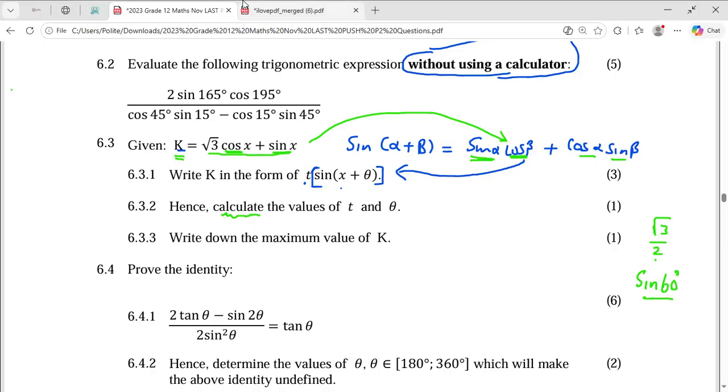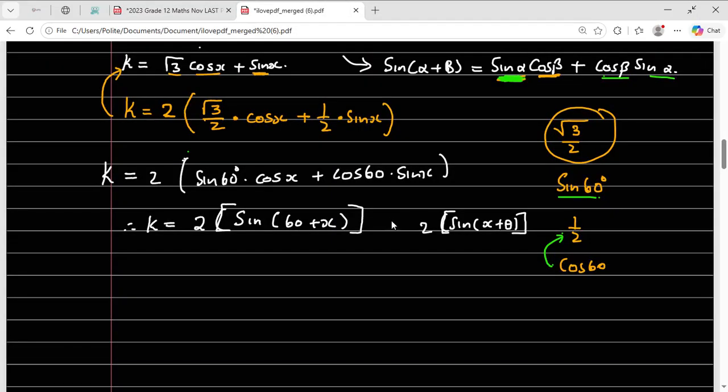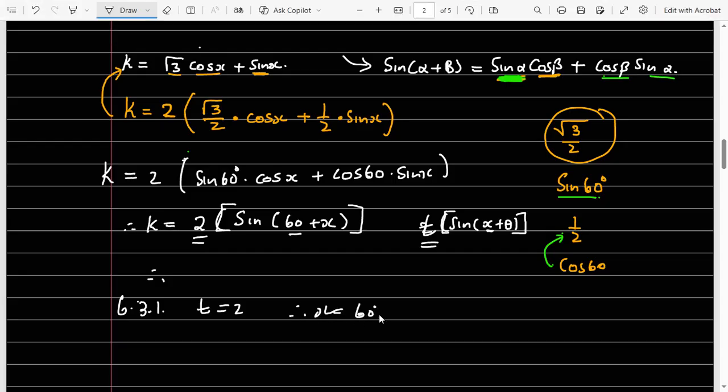Instead of calculate, they want you to determine. So we know that this is t, where there's t, that's 2. Therefore, to answer that 6.3.1, we're going to say t is 2. And then x, that's 60. Therefore, the value of x, that's 60 degrees. Simple. That's how easy the question is. Next question.